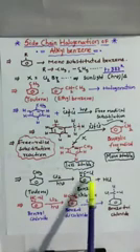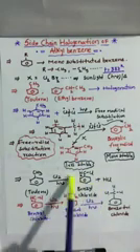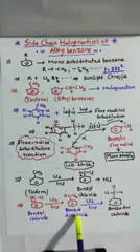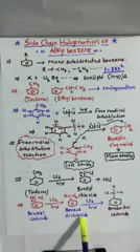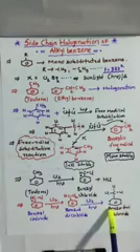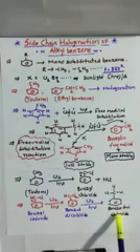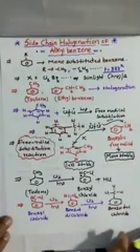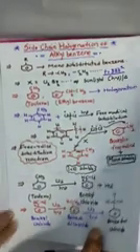Then you are getting benzyl chloride. If you pass more chlorine, then benzyl chloride is converted to benzal dichloride. Further it will give benzotrichloride. That is with methyl substitution.